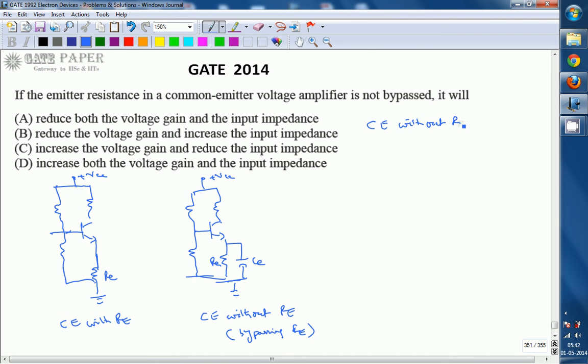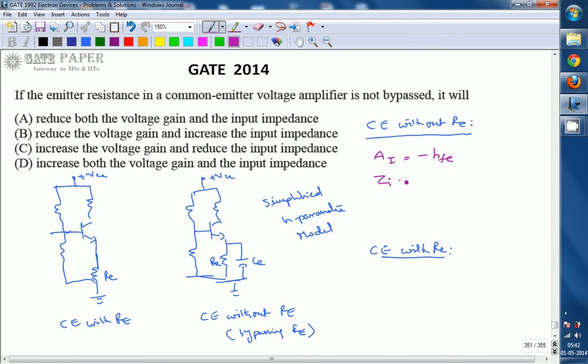So if you look at the equations for CE without RE and CE with RE, we are going to write them using the simplified H parameter model, which consists of only two parameters, HFE and HIE.